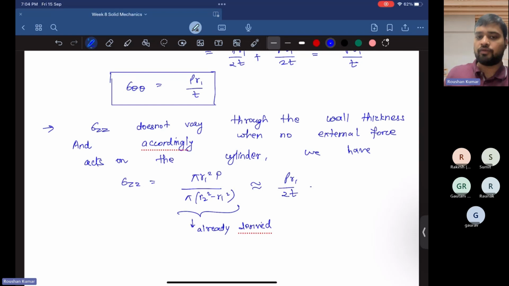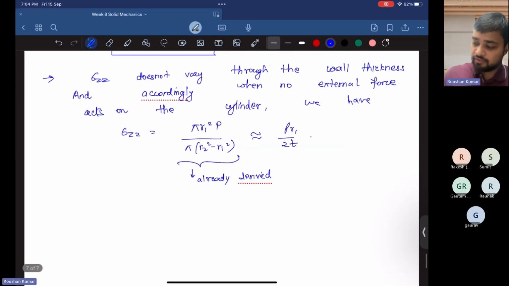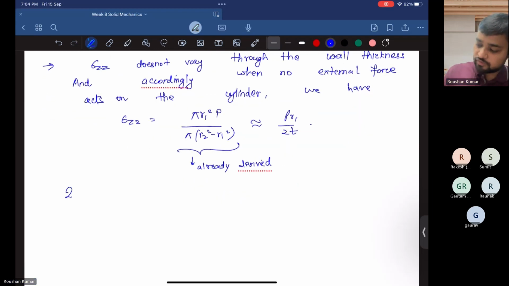So this is one way to find the value of sigma RR, sigma theta theta and sigma ZZ for a thin pressurized vessel. The other way is to directly obtain the expression of these stresses, assuming the thin cylinder case. So I am now using the second approach, the balance law.